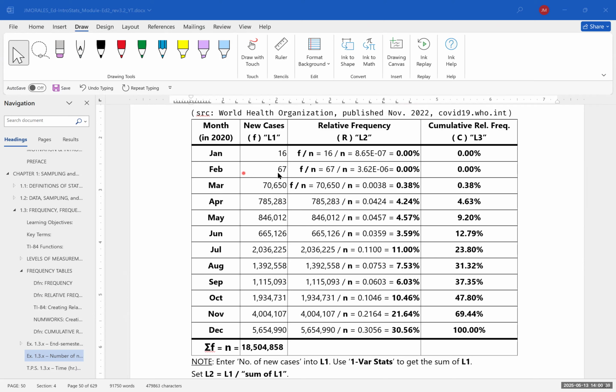And then by February, we had 67 cases. And in March, we went from having under 100 cases in a month to suddenly having 70,650 new cases. And then it went up by a factor of 10, from 70,650 to 785,283 new cases in April.